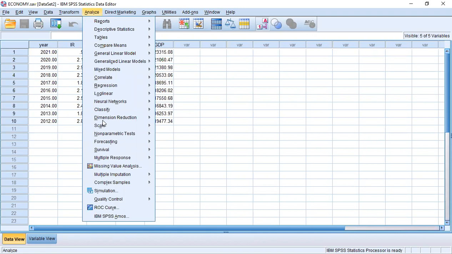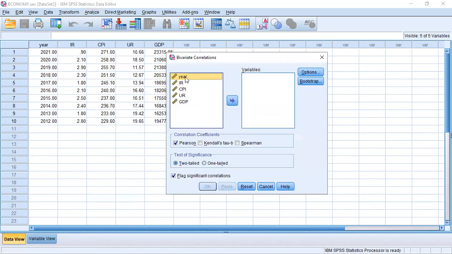So what you do is you go to Analyze, as you can see, and then go to Correlate. Once you do that, you can go to Bivariate and run the correlation for all variables. We can look at the 4 variables we are dealing with.